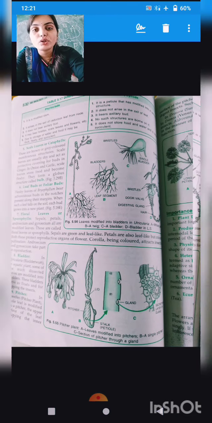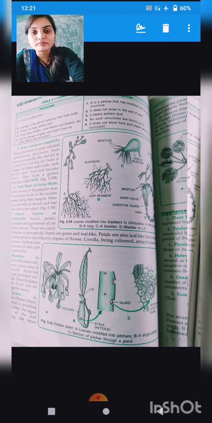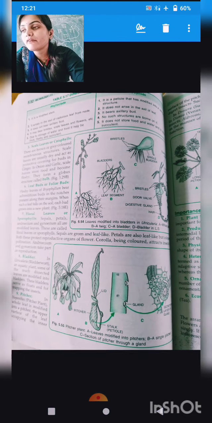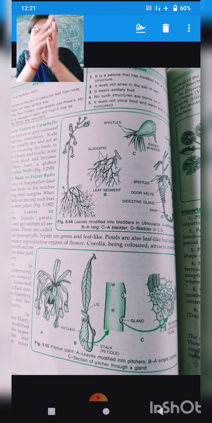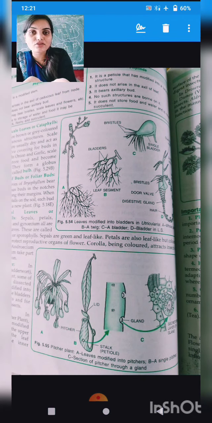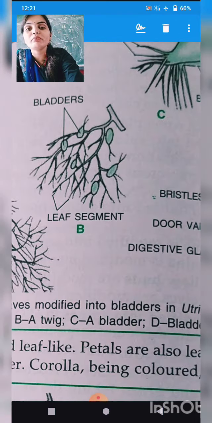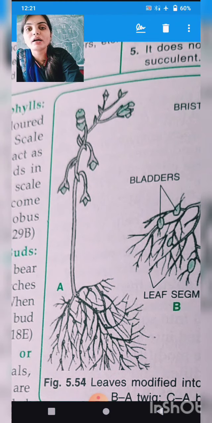Okay. Now you can see here leaf modified into bladder. When the leaf is forming a sac-like or bladder-like structure, that is the modification of leaf into bladder. Here you can see in the diagram, in the A you can see it is forming a bladder-like structure.